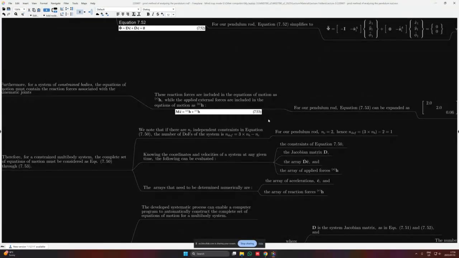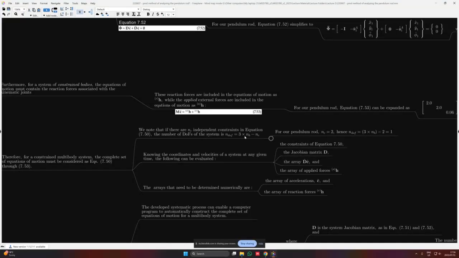So remember that we allow rotation about that pin joint, but we don't allow translation between the two bodies in either the X or Y direction. So those are 2 degrees of freedom that I'm removing, essentially 2 constraints that I'm applying to the system. If I had to calculate the number of degrees of freedom, it would be 3 times 1 body minus 2 constraints.